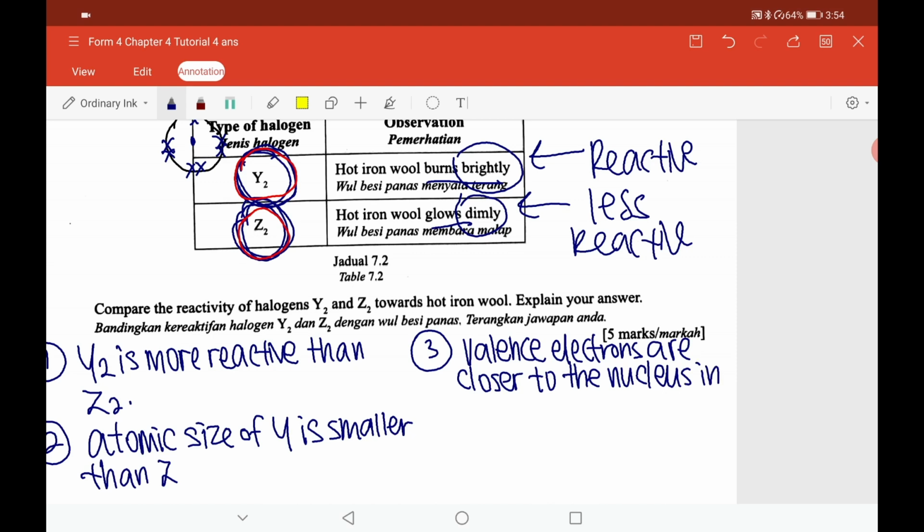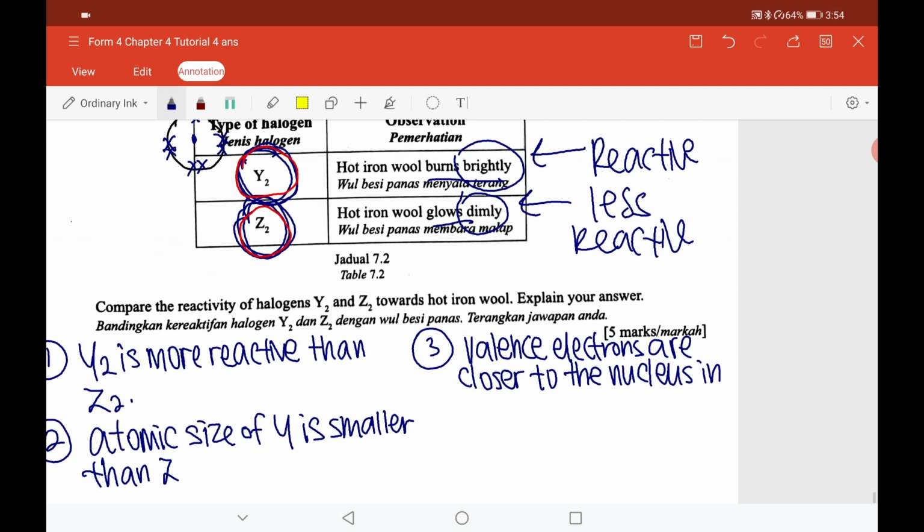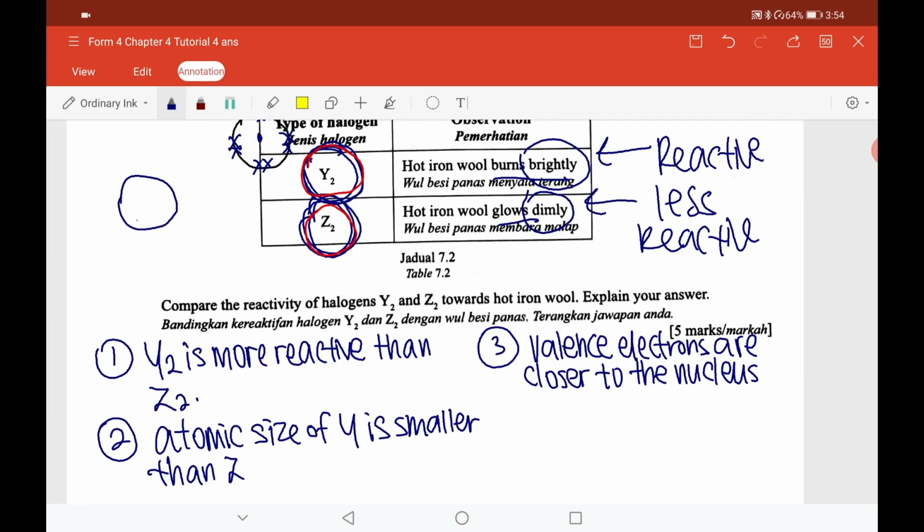In substance Y, because we know Y has a smaller size. When the size is smaller, the valence electron is closer to the nucleus. When the size is bigger, the valence electron is far away from the nucleus.